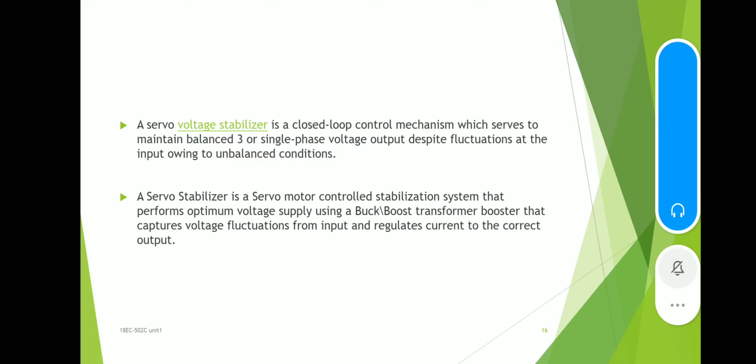We will see what the construction is and how it provides the correct output. This is the block diagram of the servo stabilizer. The main blocks here are the toroidal auto transformer and the buck boost transformer, then the motor and power control unit, which is the controlling unit, and this is the output stage.